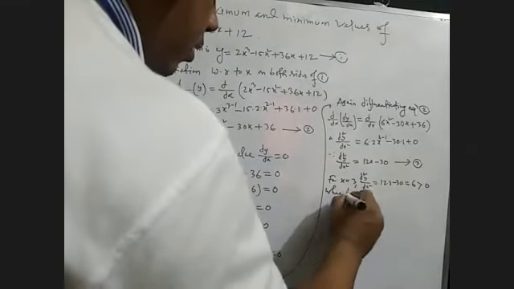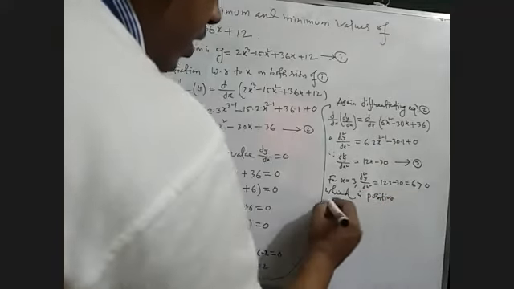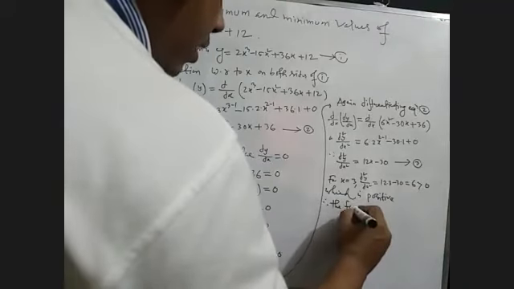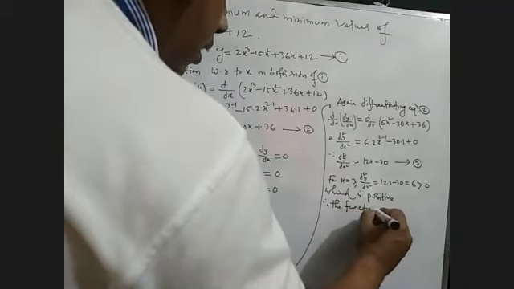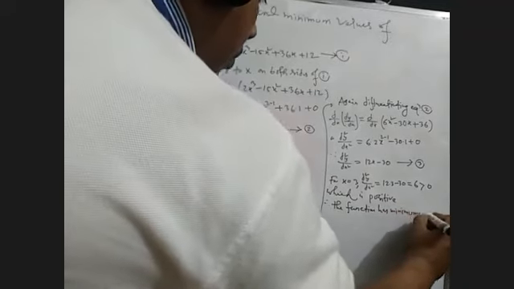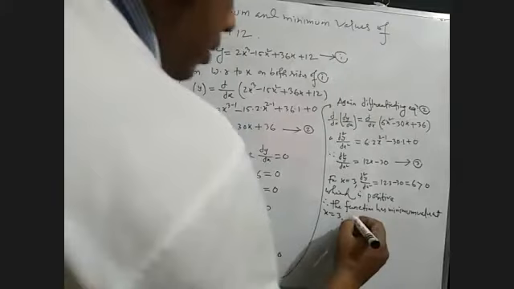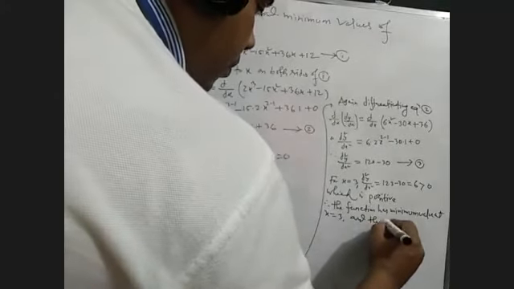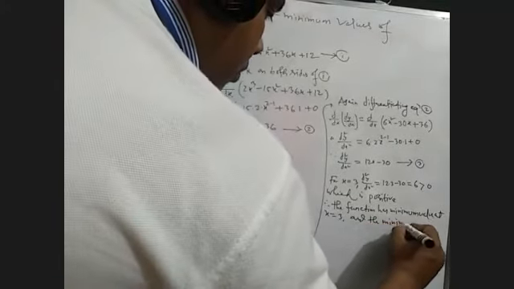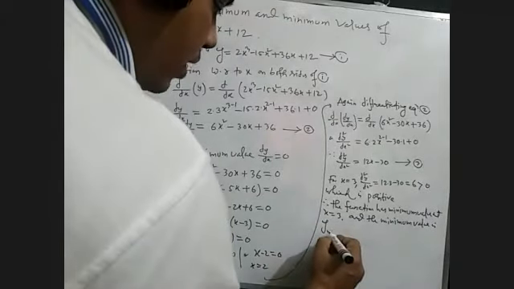Therefore, the function has a minimum value at x equals 3. And the minimum value is, putting x equals 3, we get y min.